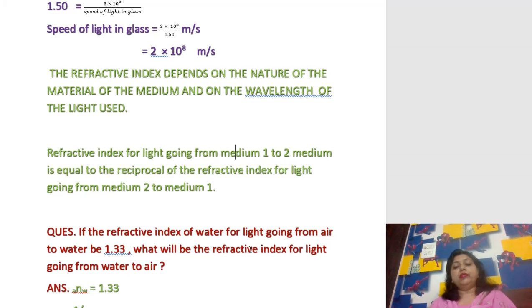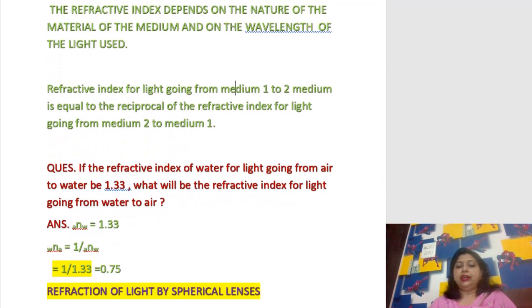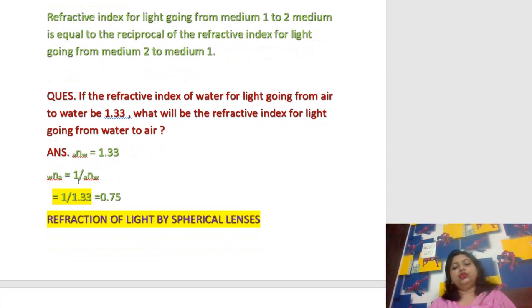Now your question: what will be the refractive index for light going from water to air? So when it goes from air to water, at that time it is 1.33. So when it goes from water to air, then what will be the refractive index? Just now I told you it will be the reciprocal. So you can say that air to water means the ray goes from air to water. At that time the refractive index is 1.33, which is already given in the question.